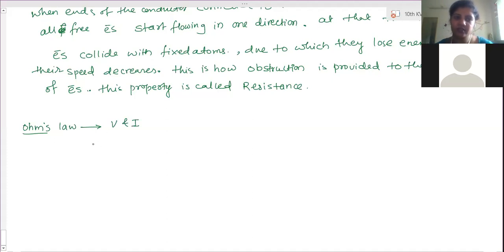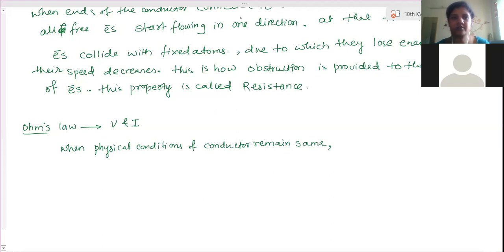So V and I. What does the law state? Ohm's law states that when the physical conditions of the conductor remain the same.